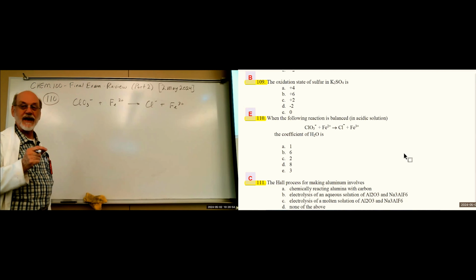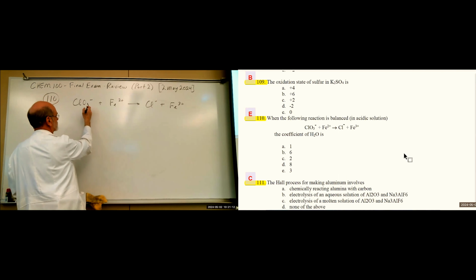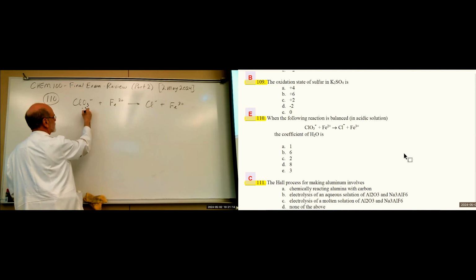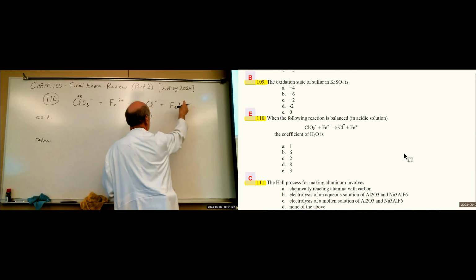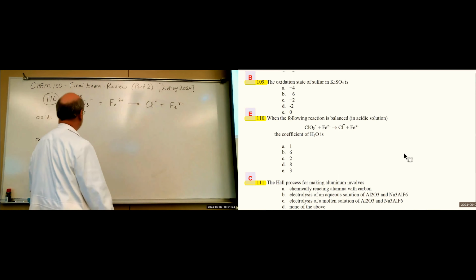So we've got to find out which one is the oxidation reaction and which one is the reduction reaction. So we just did the chlorine, right? Let's do it again. -2, -5, +5, so +5 for that chlorine, +2, -1, +3.